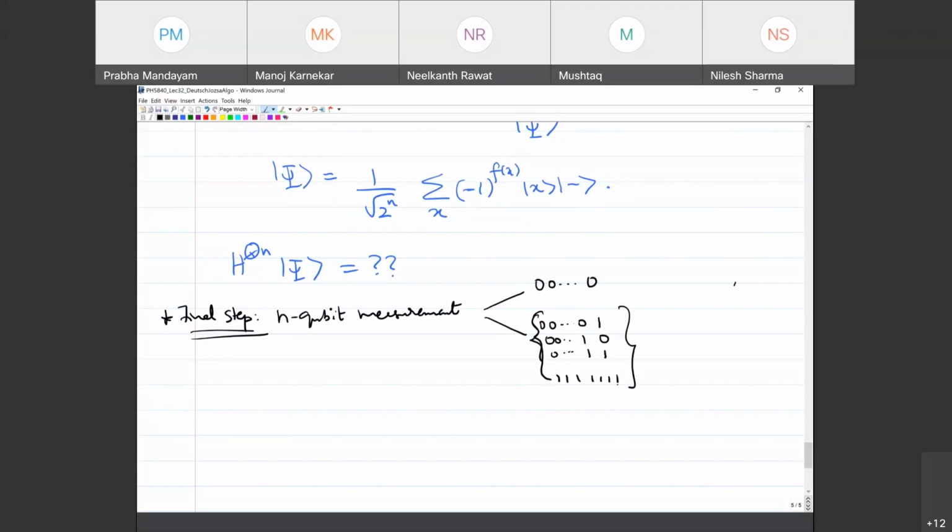So this is the all zero string, and these are the other n minus 1 strings.